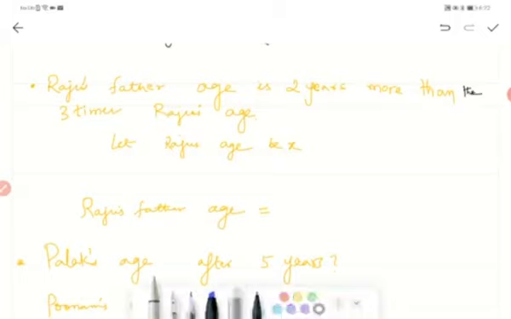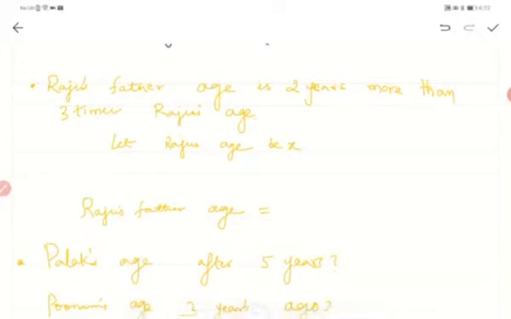Now here, first understand what is given in the question. The age of Raju's father is 2 years more than 3 times Raju's age. First, Raju's father's age is dependent on Raju's age.